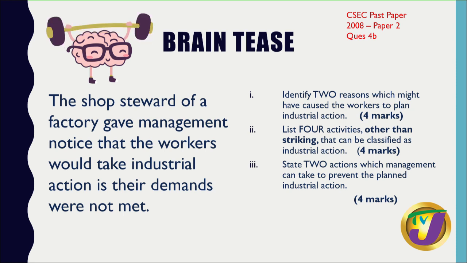The brain tease question comes from the past papers today, and here's what it says. The shop steward of a factory gave management notice that the workers would take industrial action in their interest in satisfying some of the demands that they have.